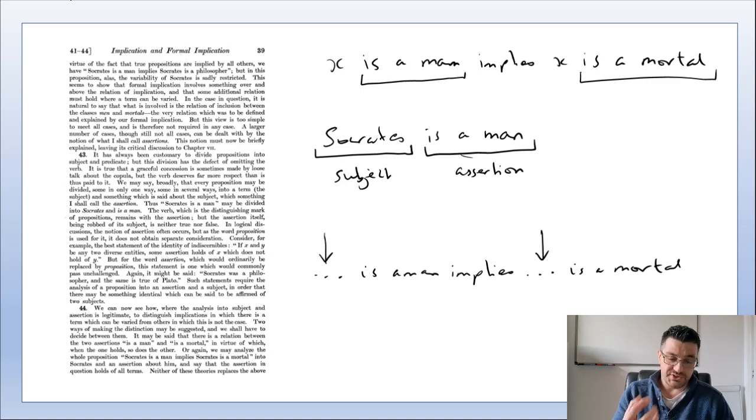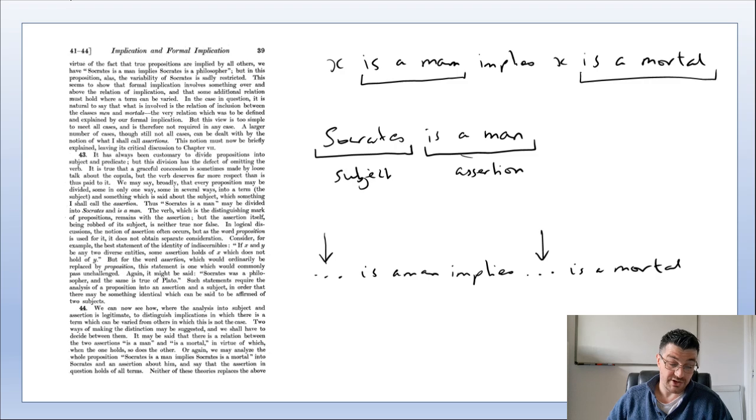It seems difficult to analyze this into a subject and an assertion, is what he seems to be saying here. The proposition in question consists of two terms and a relation, the terms being "Socrates is a man" and "Socrates is a mortal". And it would seem that when a relational proposition is analysed into a subject and an assertion, the subject must be one of the terms of the relation which is asserted. This objection seems graver than that against the former view.